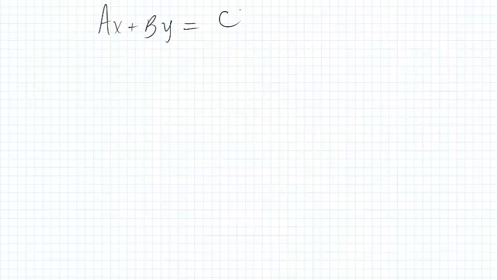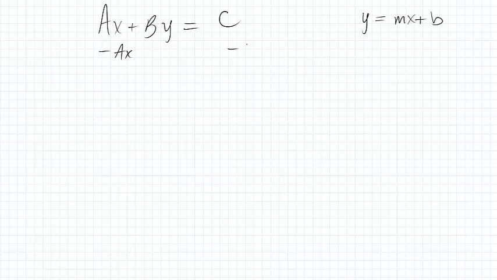Now let's investigate the relationship between a line in standard form and a line in slope-intercept form. Remember, slope-intercept form is y equals mx plus b. If I want to change this line in standard form to be in slope-intercept form, I need to solve for y. The first thing that I'm going to do is subtract ax from both sides.